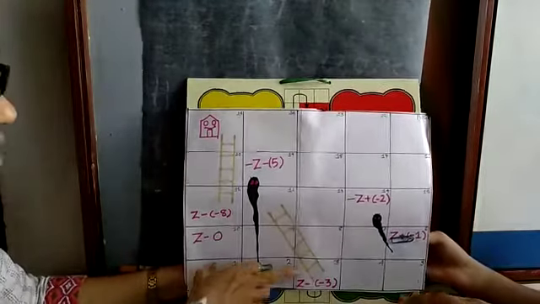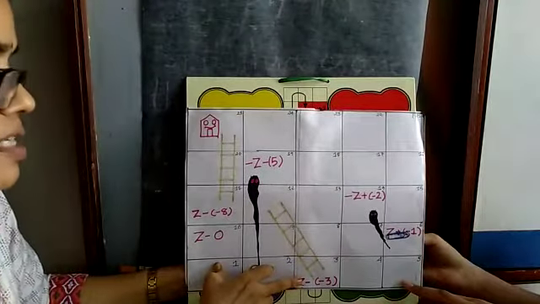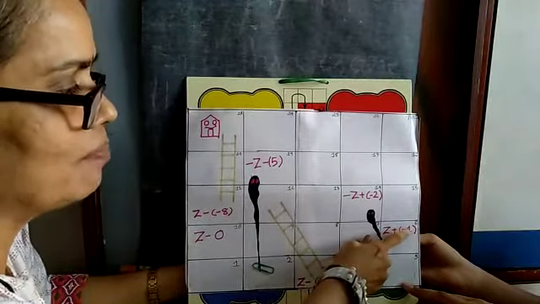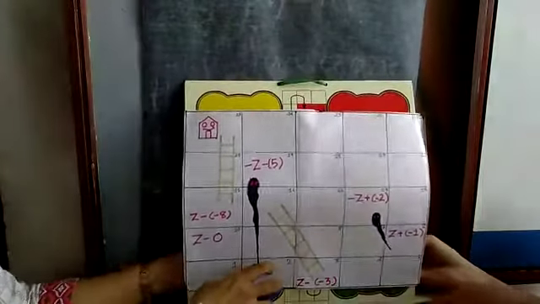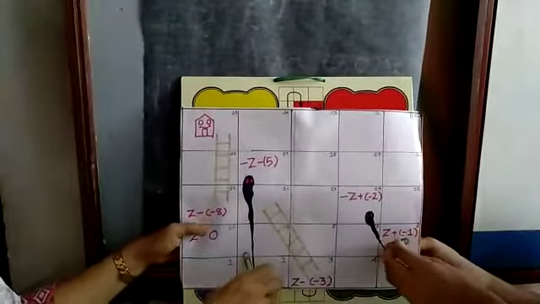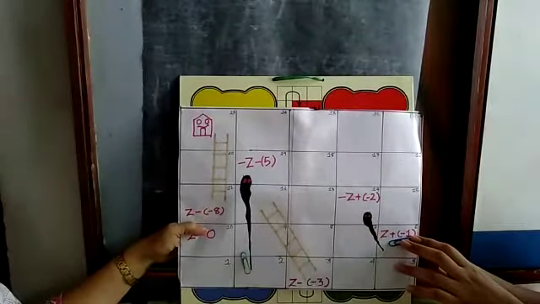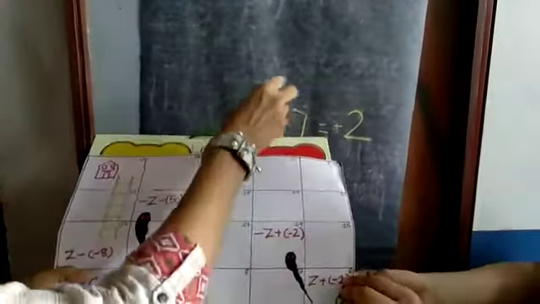Now here see, I have made Z. Z is the symbol of integer. So now see, Z plus into bracket -1. Now on the dice his number is 2. So Z value is 2. If you put Z value 2, our operation is Z plus -1.